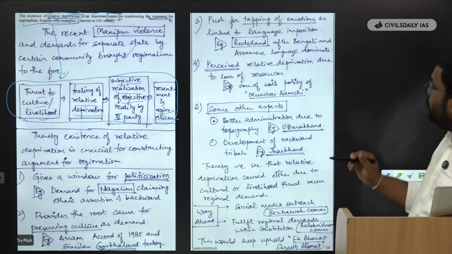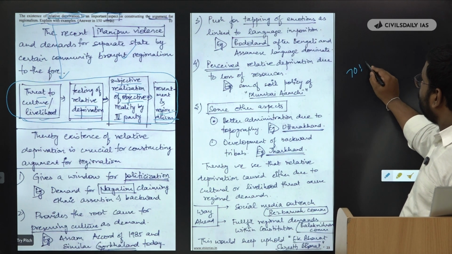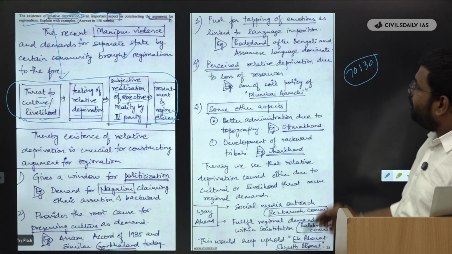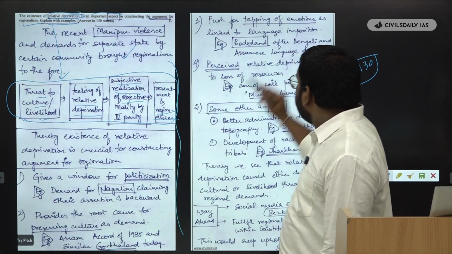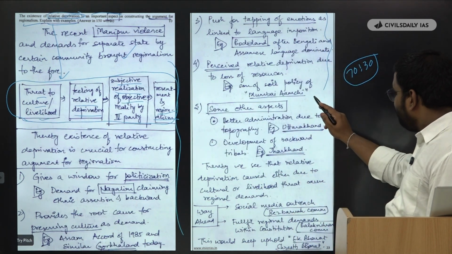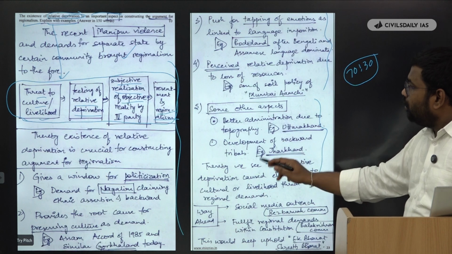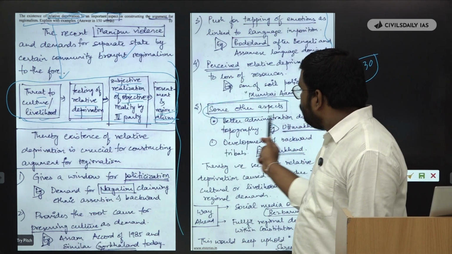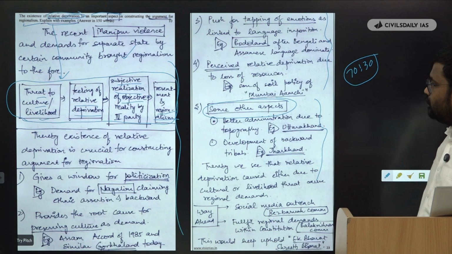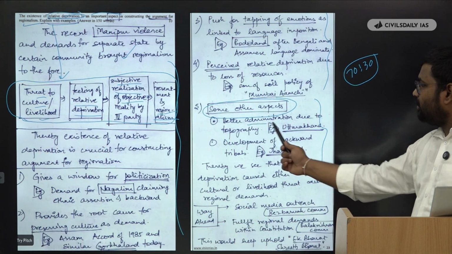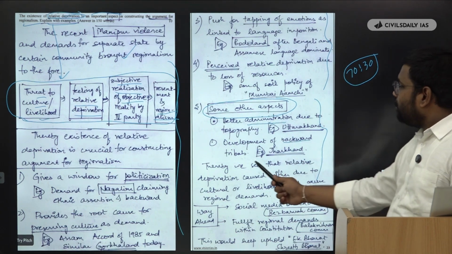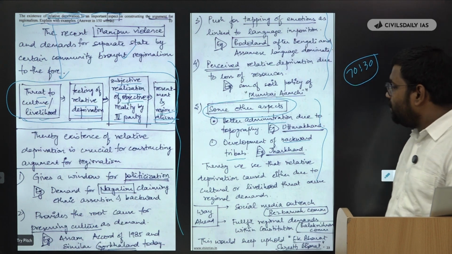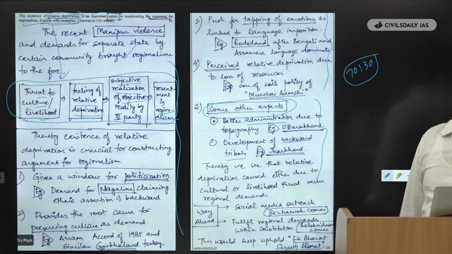Here also, he has cleverly used 70-30, where 70% of the weightage has gone to relative deprivation, and briefly he has given other reasons. So apart from relative deprivation, these are the other reasons: administration, backward development of backward regions, and then conclusion with way forward.